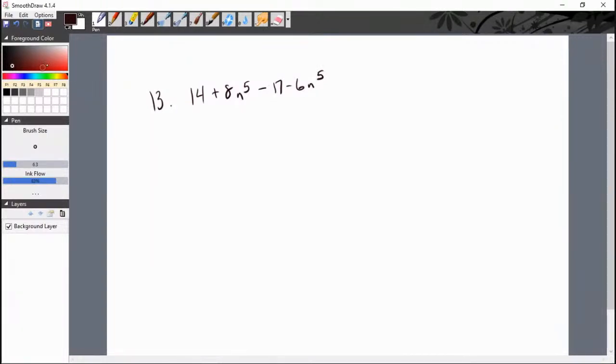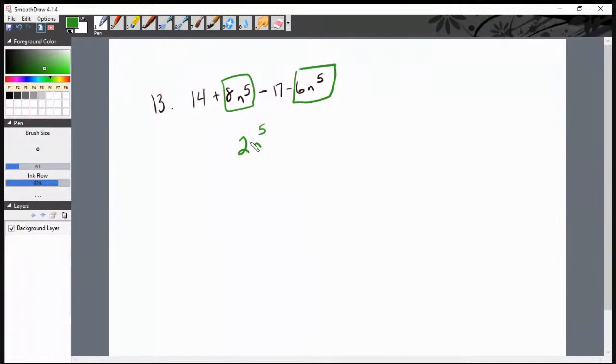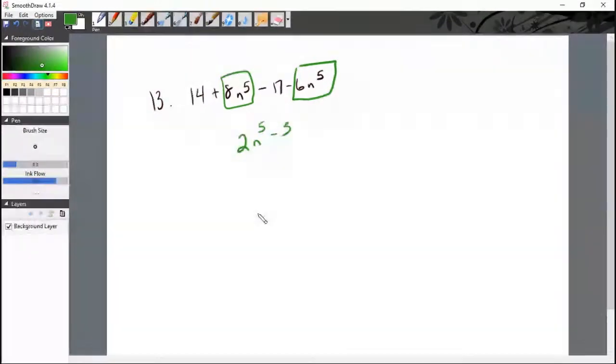Now we have some like terms here, don't we? This right here and this right here. 6n to the 5th, 8n to the 5th. What do we have? 2n to the 5th, right? And then we got 14 minus 17. That gives us negative 3. 2n to the 5th minus 3. That's it.